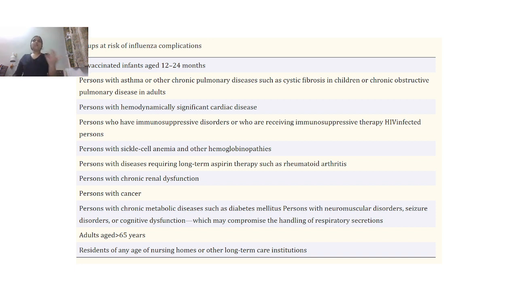But in people like us, adults who are not very much immunocompromised or not suffering from any of the diseases, they are more or less normal, or they are not much affected by the influenza.